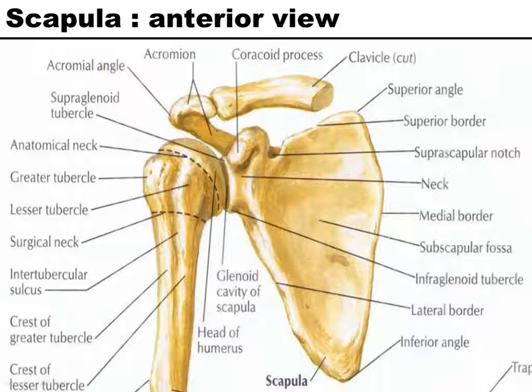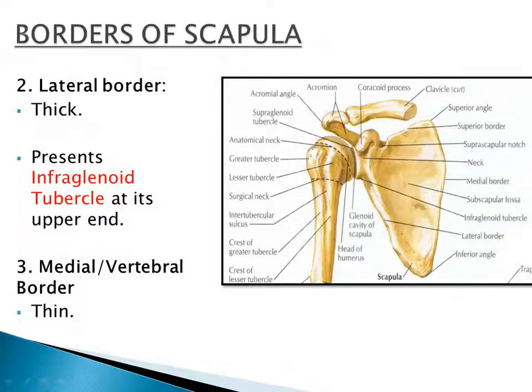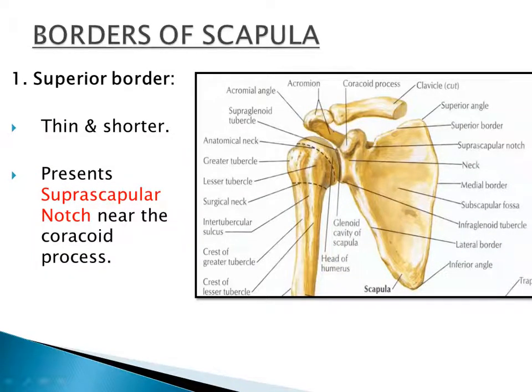This is the anterior view of the scapula, in which you can see clearly the three borders and the three angles. We are revising the features of the scapula on this image. We said that the scapula is a triangular bone. It has three angles: superior angle, inferior angle and a lateral angle.